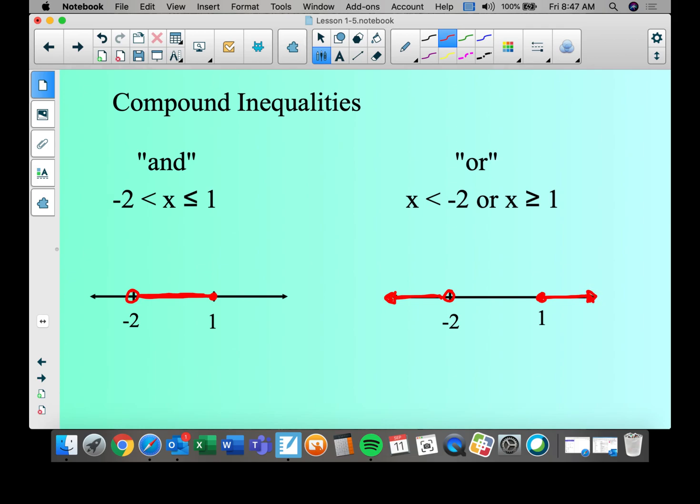Okay? And so in this problem, if you select a number in this area and plug it back into your original inequality, it would work. It would satisfy it and make it a true statement. Or if you plug in numbers here, those also would work. The only ones that wouldn't would be the ones in the middle. Okay? So AND type of inequalities, you always have the numbers shaded between. OR type of inequalities are always the two ends of the number line. Okay, so just kind of keep that in mind as you go through and solve these problems.